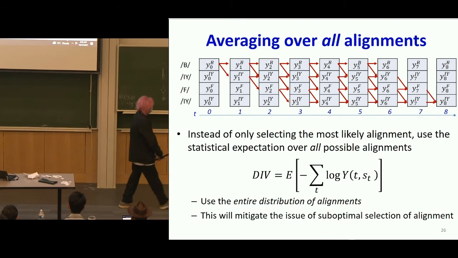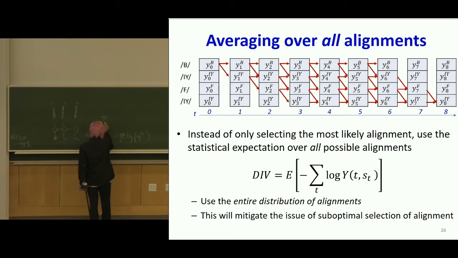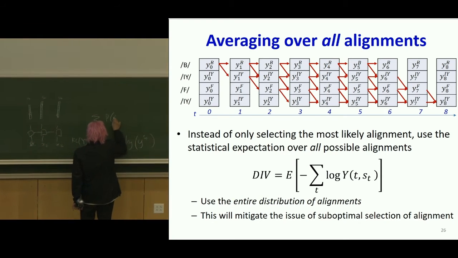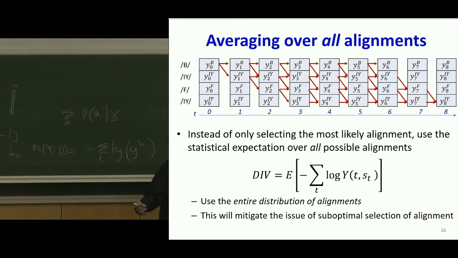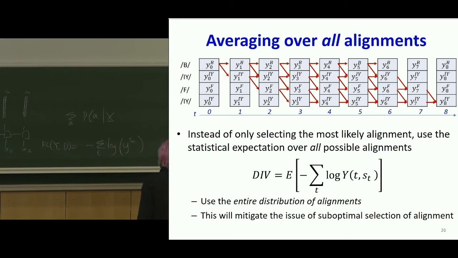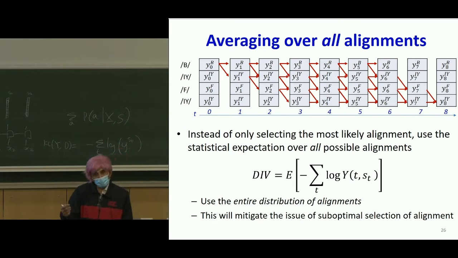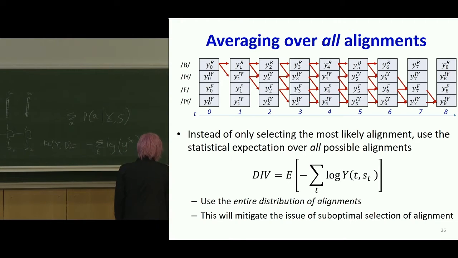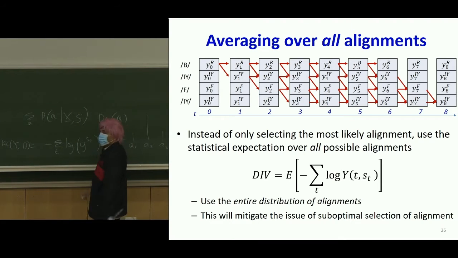And so what we would do is say the sum over all alignments of the probability of the alignment given the input x, because obviously the probabilities are computed using the input, and given the target symbol sequence, because which symbols you output depends on the target symbol sequence, times the divergence for that alignment.